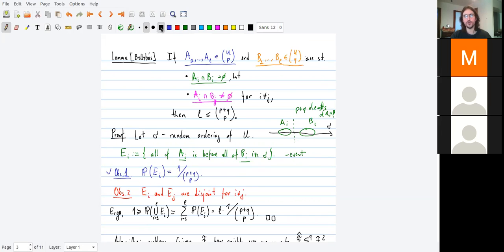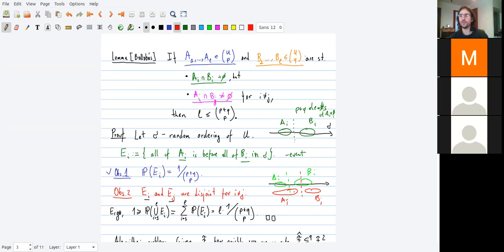And the second observation, which is crucial in this proof, is that these events are pairwise disjoint. Why so? Well, imagine that I have a situation where A_i is entirely before B_i, but also some A_j is entirely before B_j in my ordering.